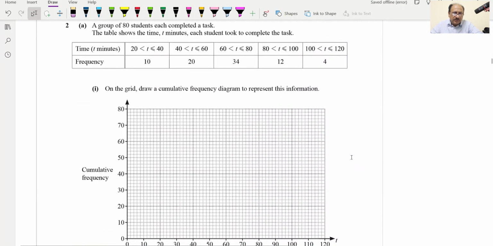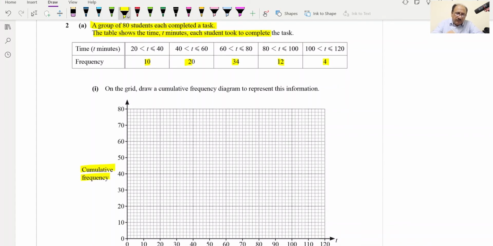Question number 2 says a group of 80 students each completed a task. The table shows the time t minutes each student took to complete the task. So this is 10, 20, 30, 12 and 4, the frequencies for these ranges, and the side is cumulative frequency.